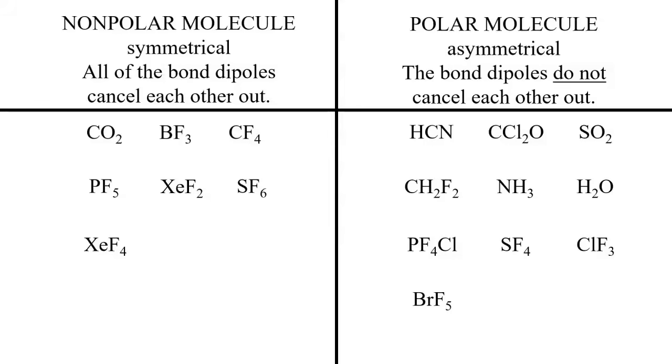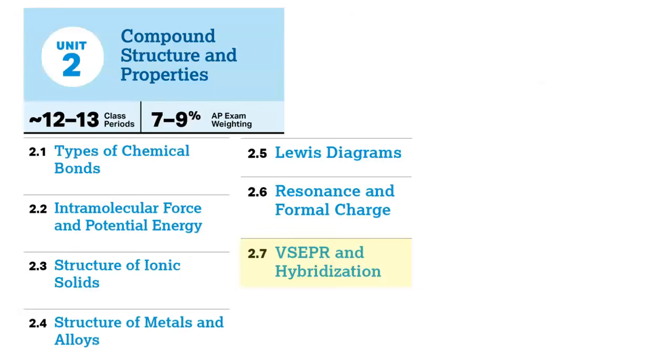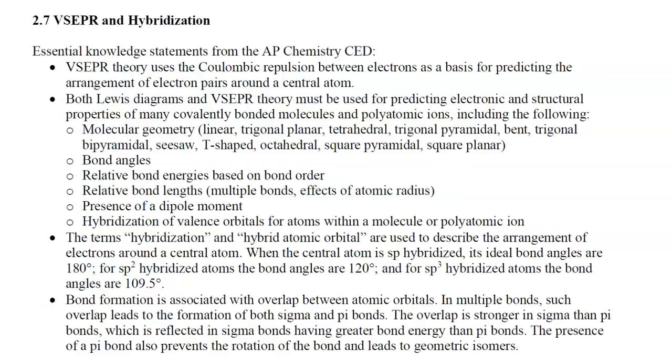Now, before we take a look at question 10 in this packet, I'd like to give you some background information about the topic of hybridization. Remember that topic 2.7 is entitled VSEPR and hybridization. On this slide, you can see the essential knowledge statements from the AP Chemistry course and exam description for topic 2.7.